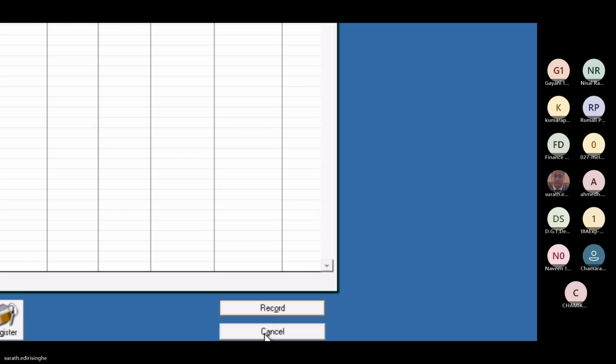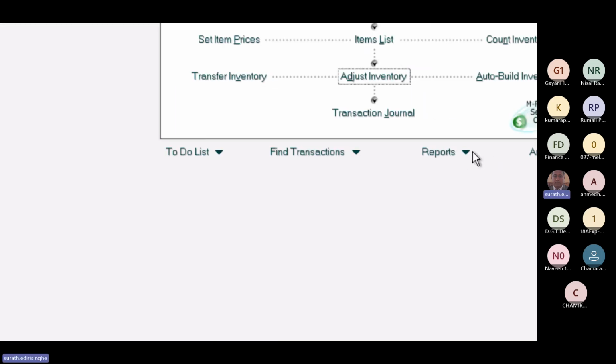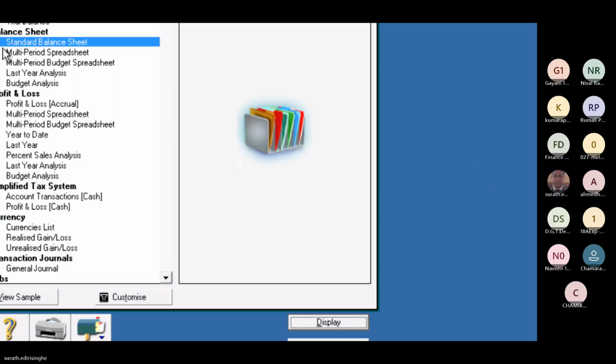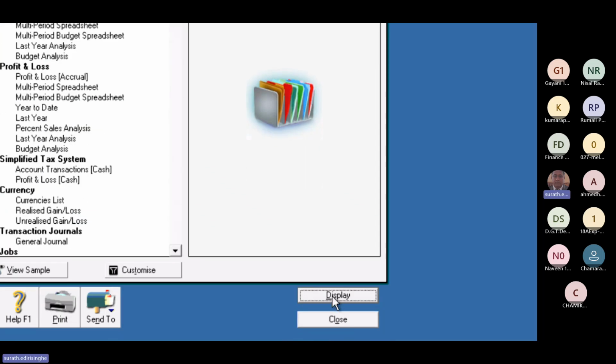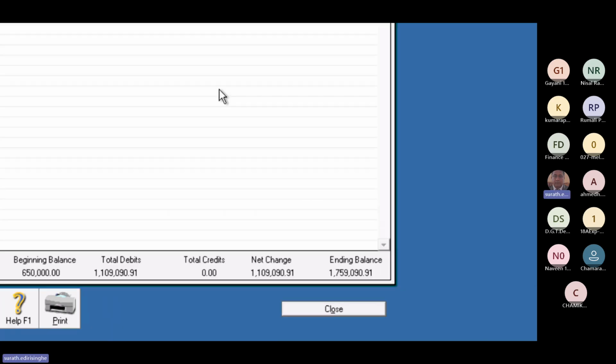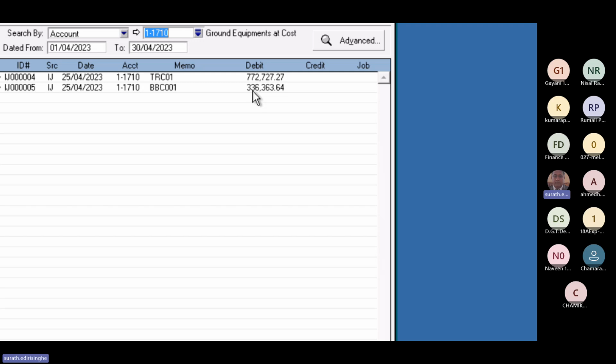Go to the balance sheet, display your balance sheet. Under the ground equipment, now 2 items are there.